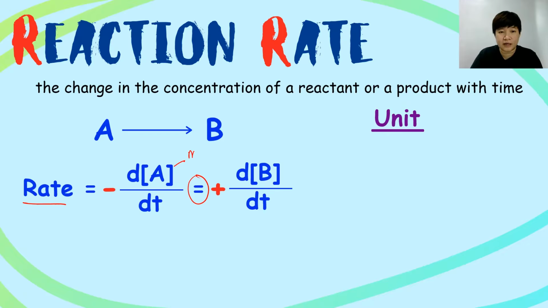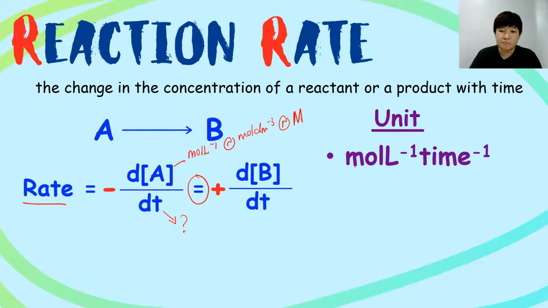So the unit can be in mole per liter, can be in mole per decimeter cube, or it can be even in molar. So that is the unit of concentration, while time can be in whatever unit. So let's look at the examples of units that we have. The first one could be mol L^-1 time^-1.